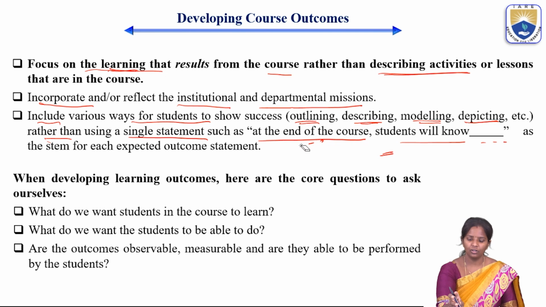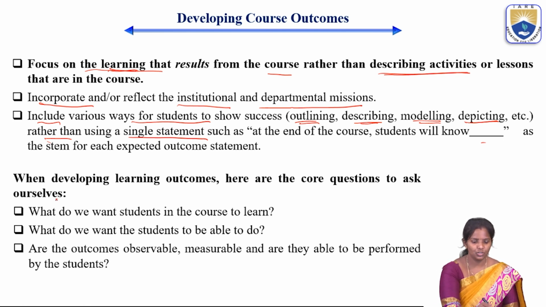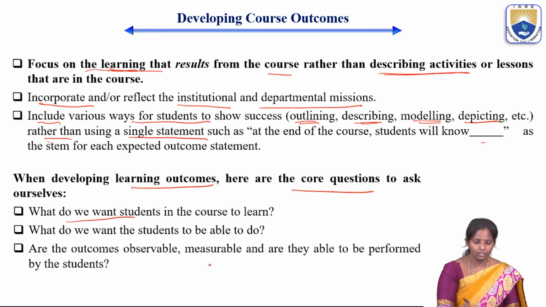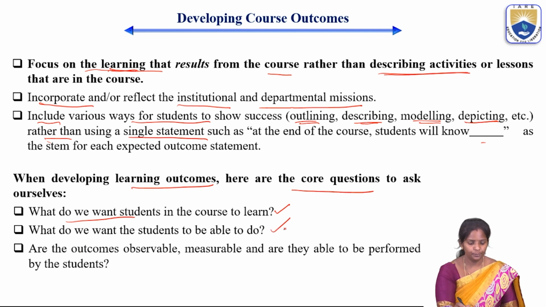At the end of the course, the students will learn at that particular level of taxonomy, like whether remembering, understanding, analyzing, or applying, or problem solving, etc. So when developing learning outcomes, here are some core questions to ask ourselves. What do we want students in the course to learn? What do we want students to be able to do? Are the outcomes observable, measurable, and able to be performed by the students?